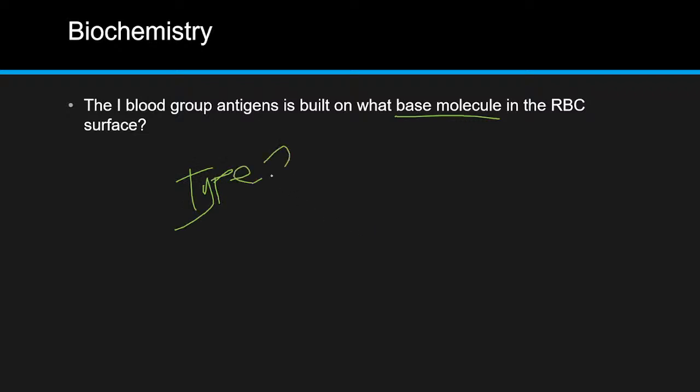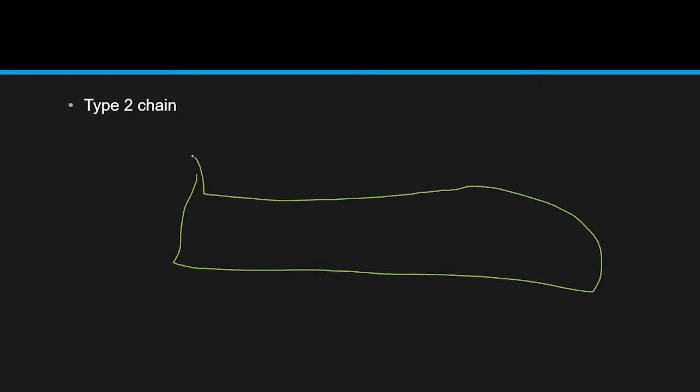Lewis is built on the type 1 chain and this one is on the type 2 chain. So it's basically piggyback riding on it. Imagine an airplane, and that's your type 2 chain.